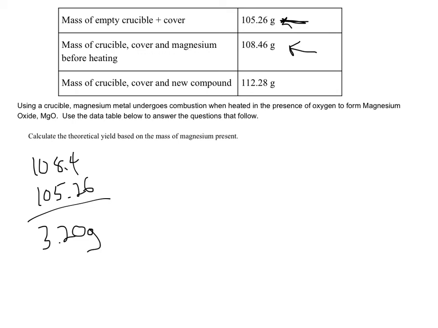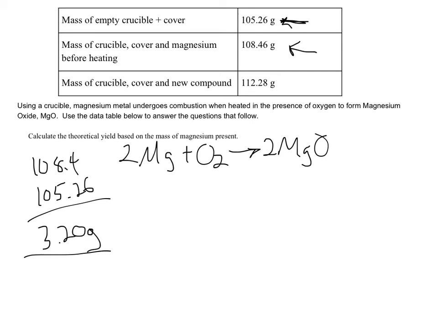Now the question is, how much magnesium oxide would I get theoretically if I start with 3.2 grams of magnesium? So now we have to go through the stoichiometry. And remember that it's 2 Mg plus O2 produces 2 MgO. So I'm going to start here. This is my amount given, 3.20 grams.